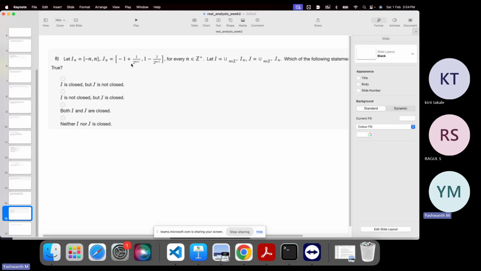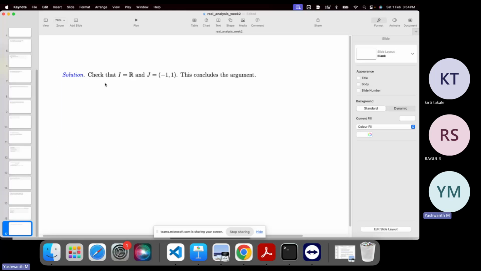So this is increasing. At n equal to 1 it is minus 0.5 to plus 0.5, and it keeps increasing toward open minus 1 to open plus 1. Okay, I can see that I becomes R and J becomes minus 1 to 1.